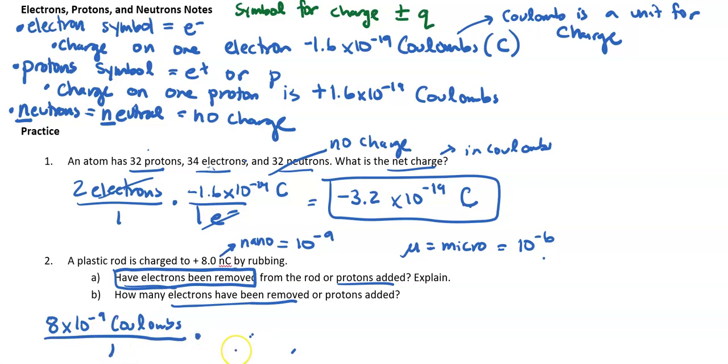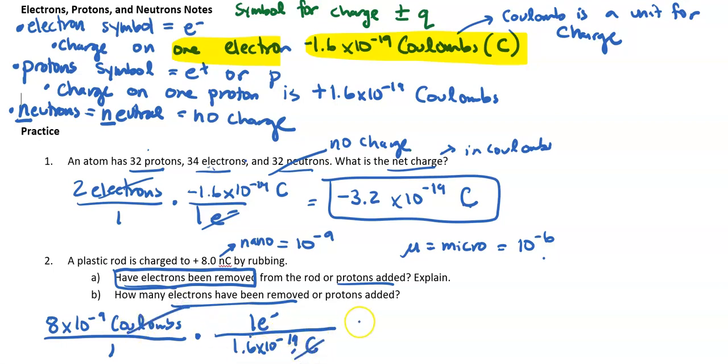I know that 1 electron is negative 1.6 times 10 to the negative 19 coulombs, and the negative is just there to say it's an electron. I can set that up as a conversion: the 1.6 times 10 to the negative 19 goes with the coulombs, for every 1 electron. Coulombs cancels out, leaving electrons. Make sure when you plug this into the calculator, you use parentheses for that bottom part. I got 5 times 10 to the 10th electrons.